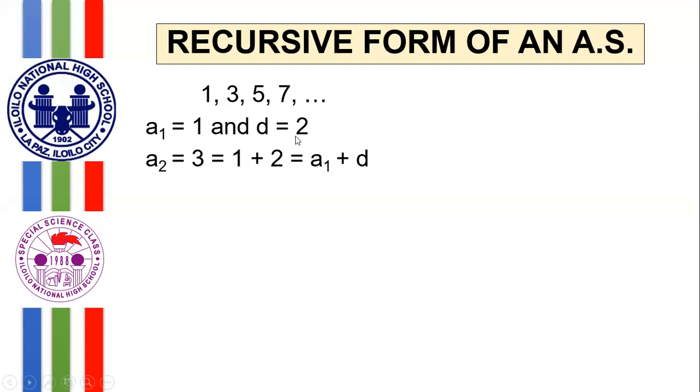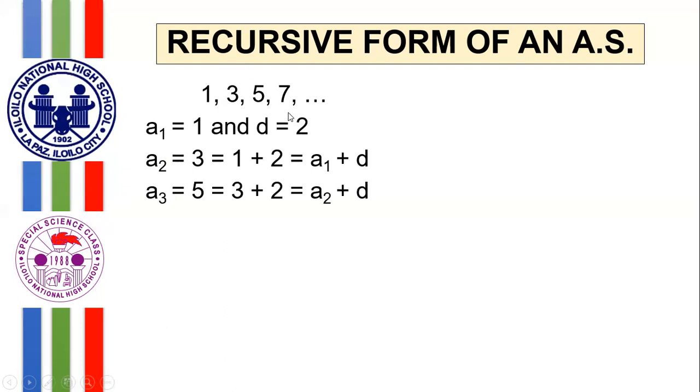What is 2 here? It's your common difference, or d. That's why I substituted 2 with d. That's why 1 plus 2 is equal to a sub 1 plus d. So in this case, we are doing kind of the reverse. Given the specific values, we are going to express them in their variable form.